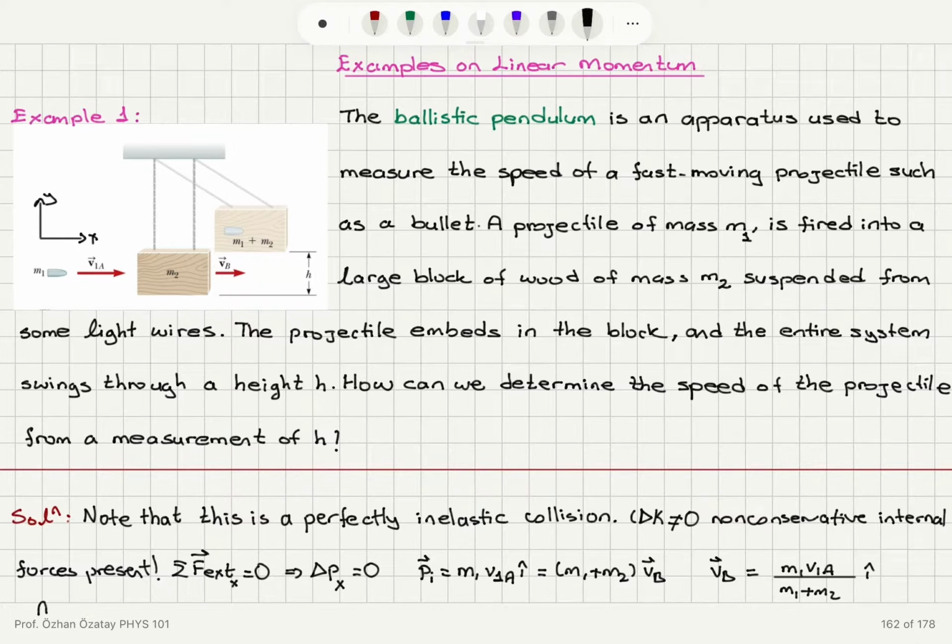So after the collision, only conservative forces, tension and gravitational force, act on the system of m1 plus m2. Therefore, we can talk about energy conservation.